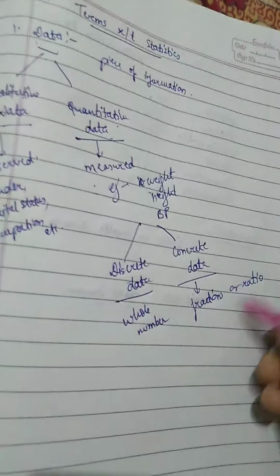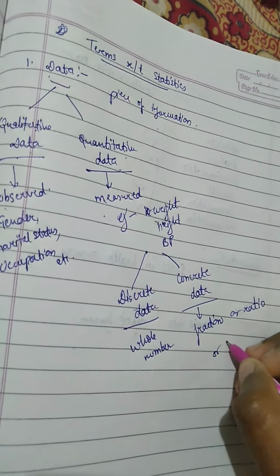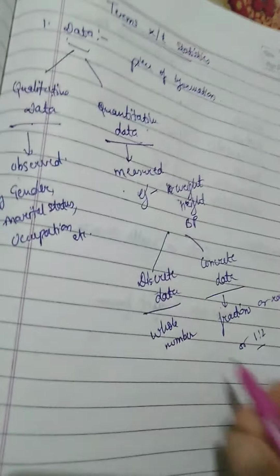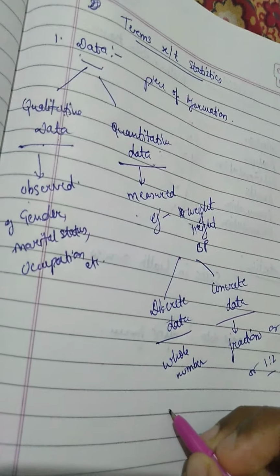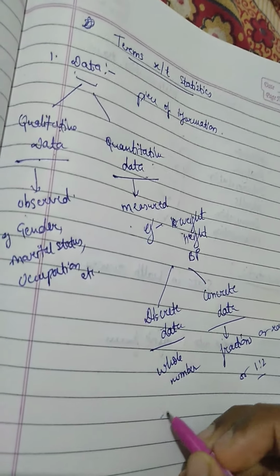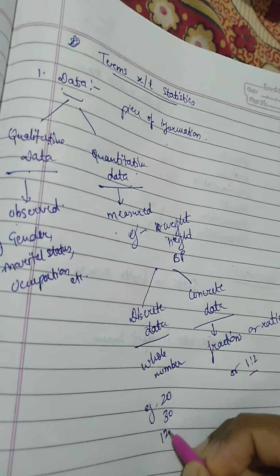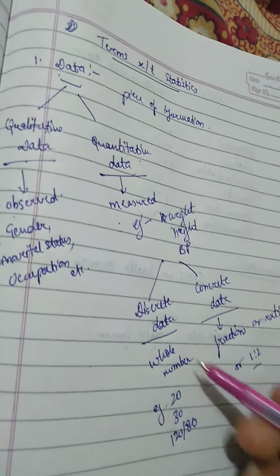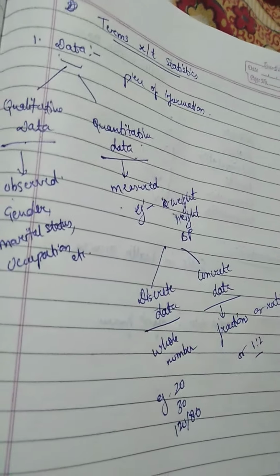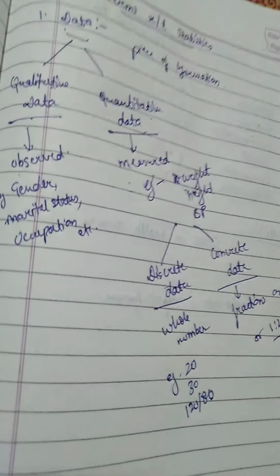You might be clear with fractions or ratios. For example, 1:2, it is a concrete data. And talking about discrete data, it is any data which is presented as 20, 30, or BP, that is 120/80. It is also discrete data.